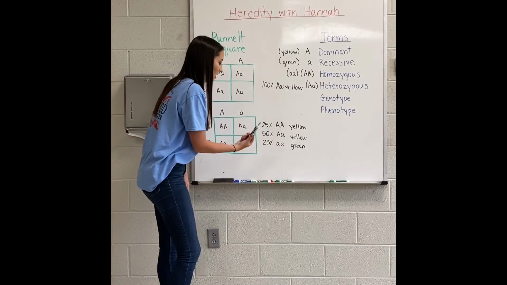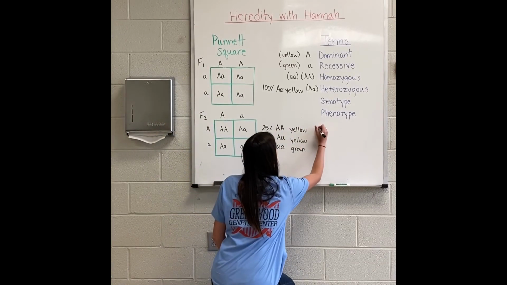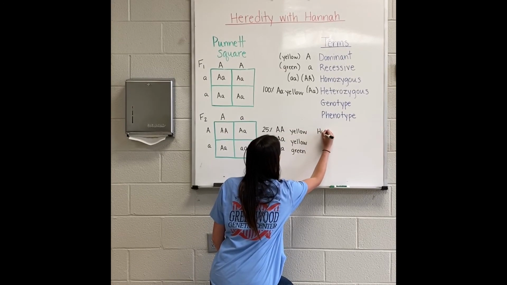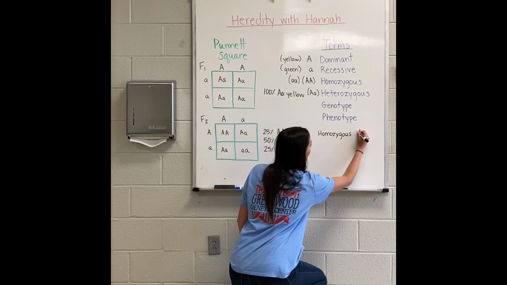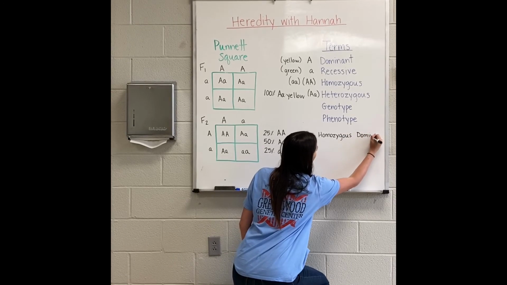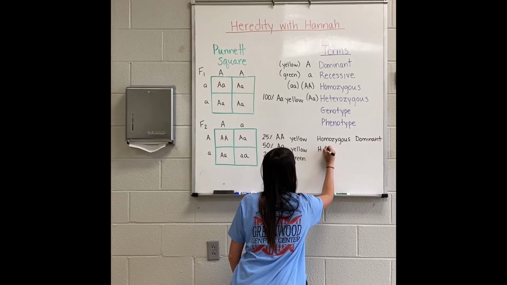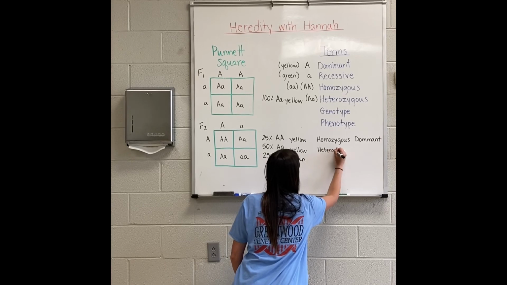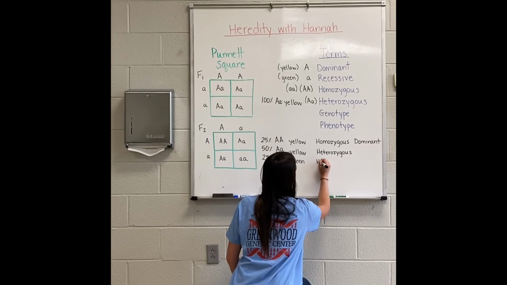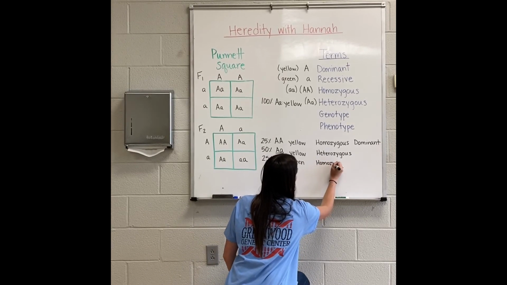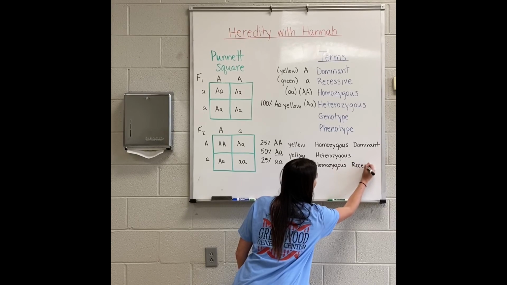So if we were to designate these two terms to our individuals, what we'll do is we will say that these individuals were homozygous dominant, these individuals are heterozygous because they had two different alleles, and these individuals would be homozygous as well, but they would be recessive because they contain both recessive alleles.